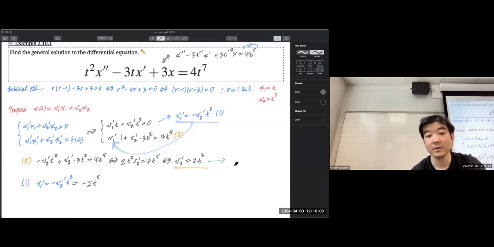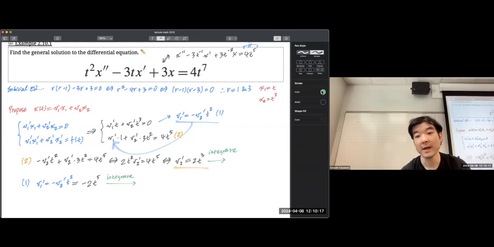And then you can just integrate both of these, because these are v2 prime and this is v1 prime. So we've successfully used the two equations to find the derivatives of the things we want, but we've got to integrate both of these to get the v2 and the v1. So the integral of this is going to equal t to the 4 over 2 plus an integration constant.